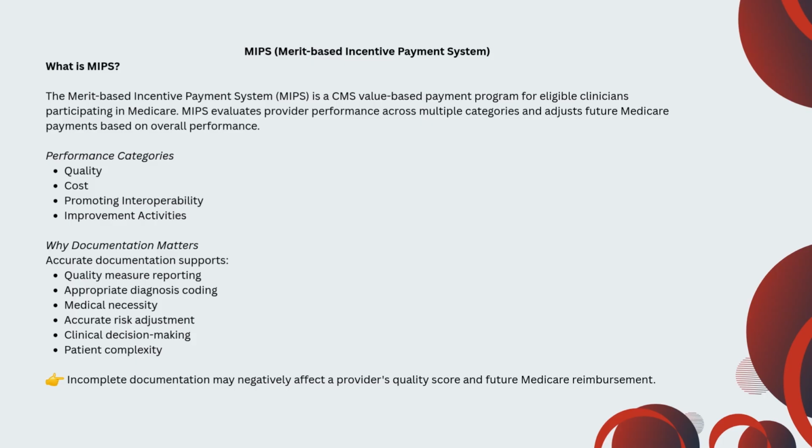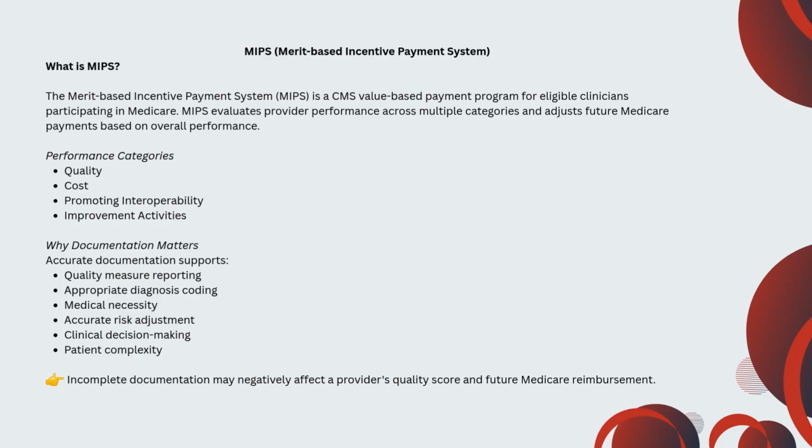Performance categories: quality, cost, promoting interoperability, improvement activities. Why documentation matters. Accurate documentation supports quality measure reporting, appropriate diagnosis coding, medical necessity, accurate risk adjustment, clinical decision-making, and patient complexity.